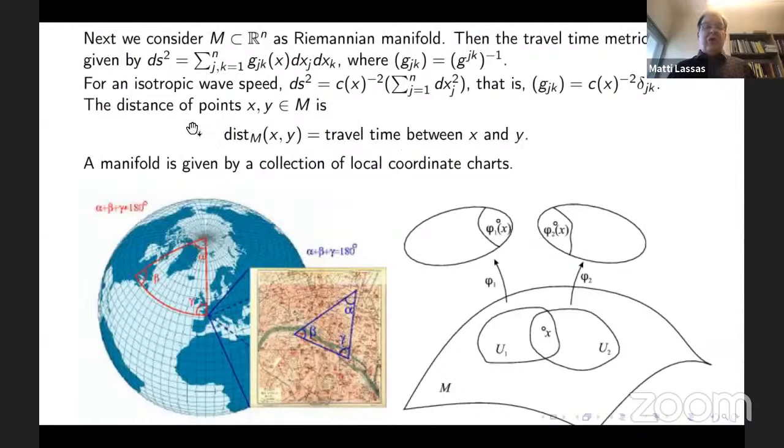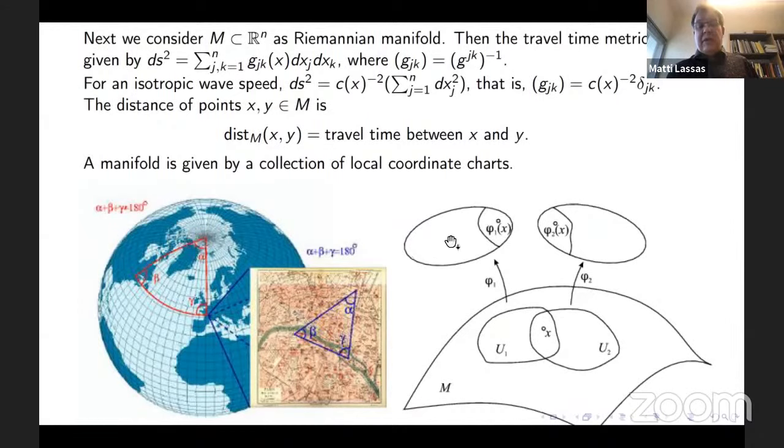And we are going to consider this domain in Rn as a manifold. So what is a manifold? A manifold is a collection of local charts. For instance, the spherical surface can be considered as a manifold. There is a collection of charts. Here is this abstract manifold, but it can be just a domain in Rn. And then it has different open sets where we have local coordinates. We can map this area to Euclidean space with one set of coordinates.